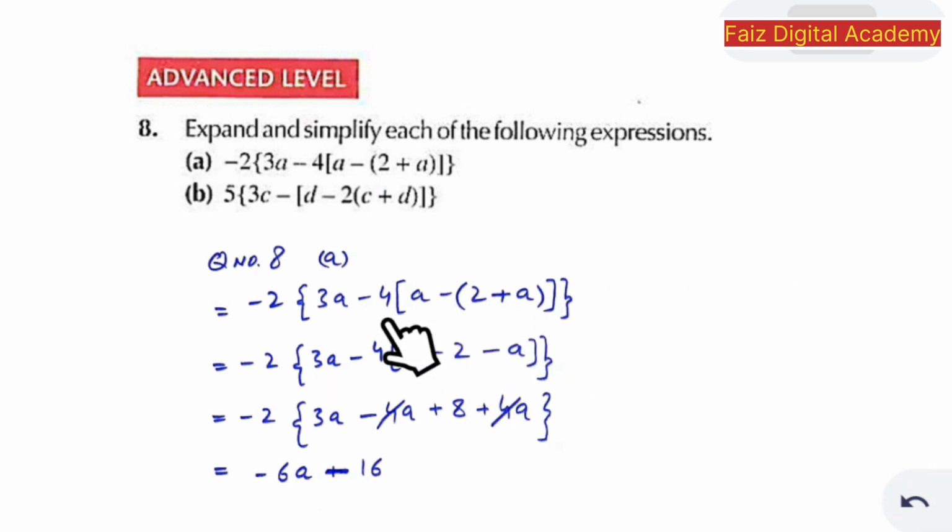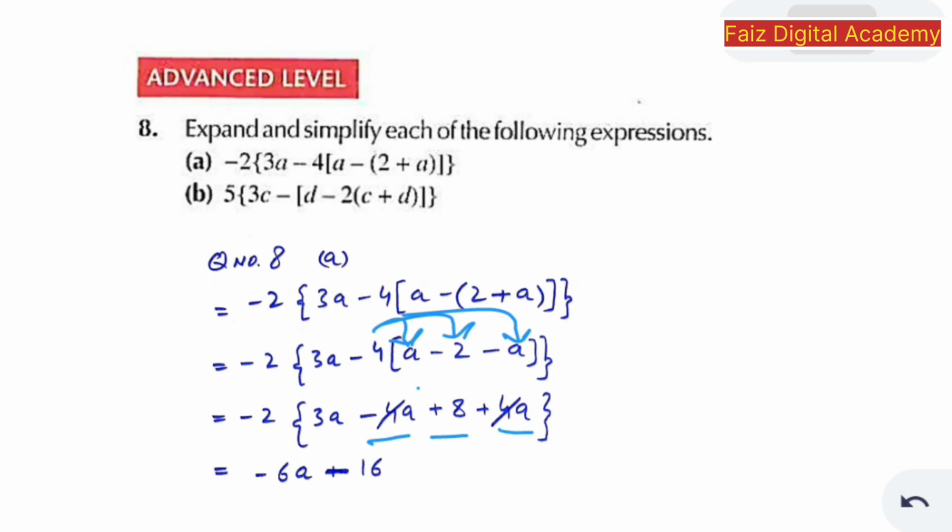Secondly, we have to multiply this 4 with the values present inside the bracket. So this 4 is multiplied with a and the answer is minus 4a. Then minus 4 is multiplied with the 2, answer is minus 8. Minus minus is plus. Then minus 4 is multiplied with minus a, the answer is 4a.